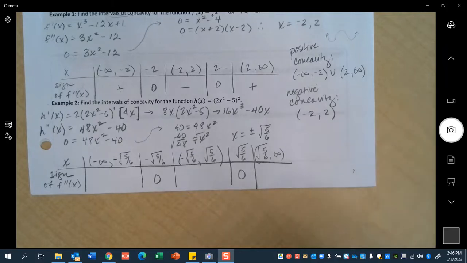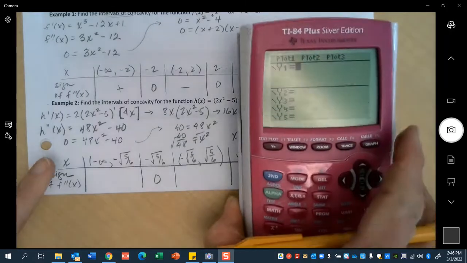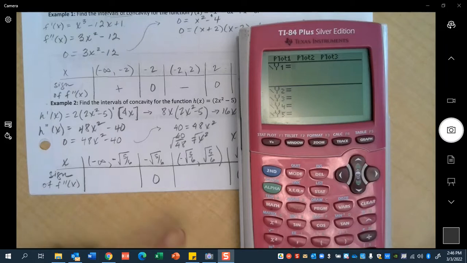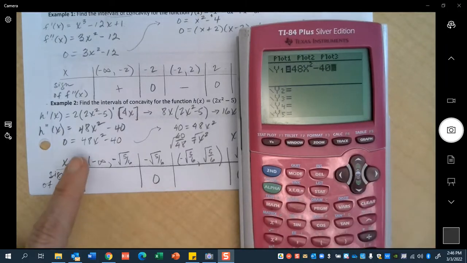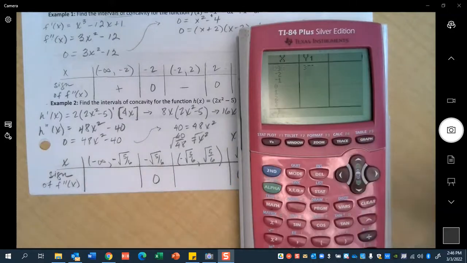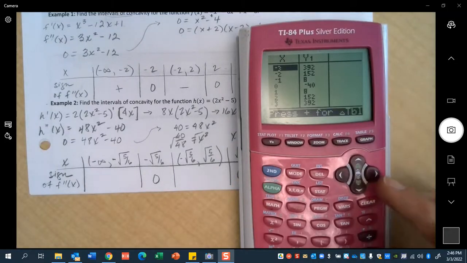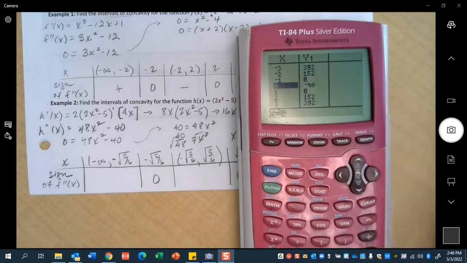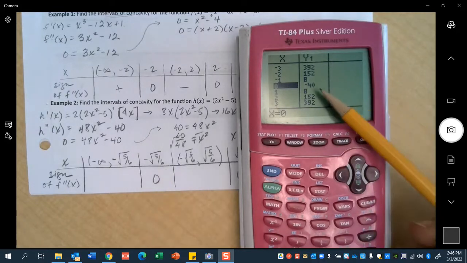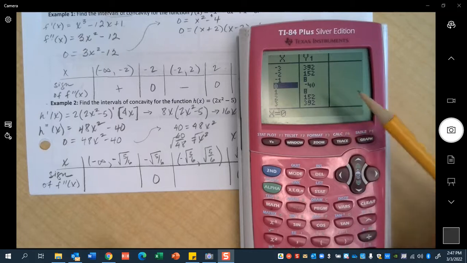Again, I can go to my graphing calculator and enter the equation of my second derivative, 48x to the second power minus 40. When I go to my table of values, I'm looking at positive, negative, positive, but because my inflection points are not whole values, I'm not sure. I want to make sure I'm looking at more than one value.